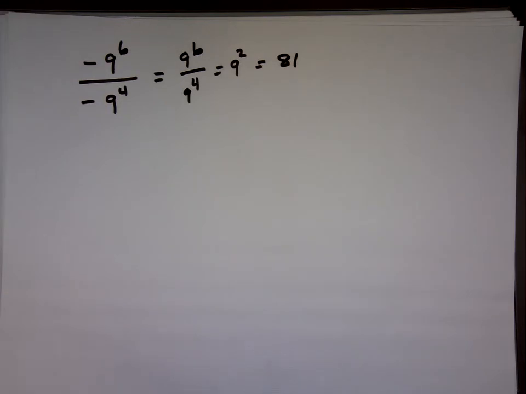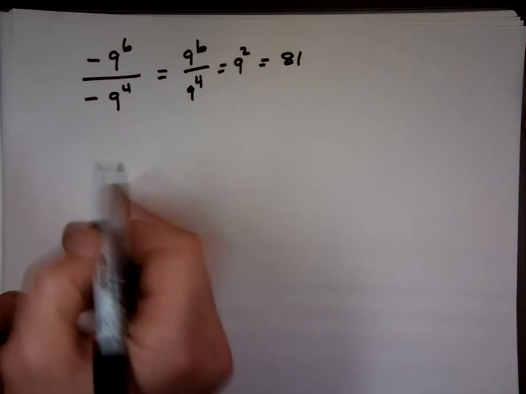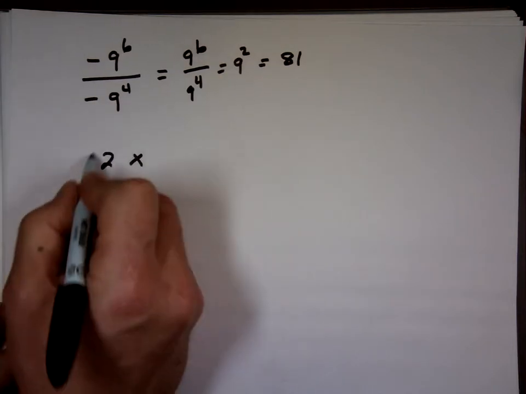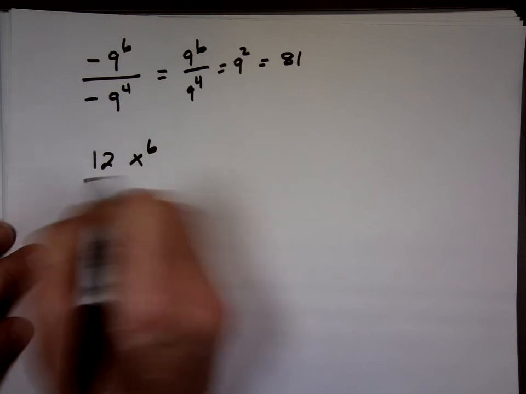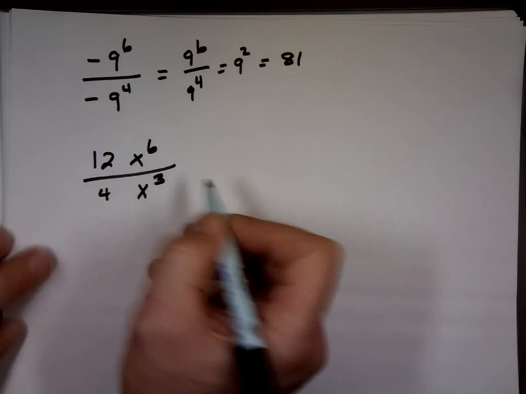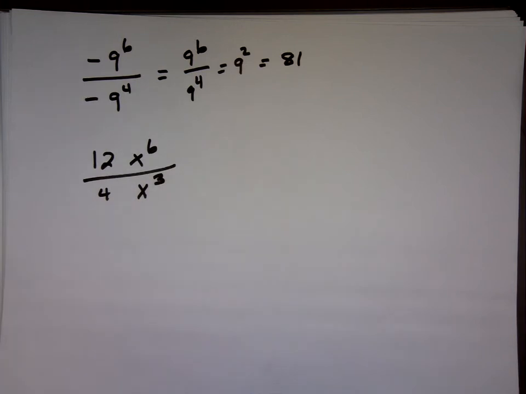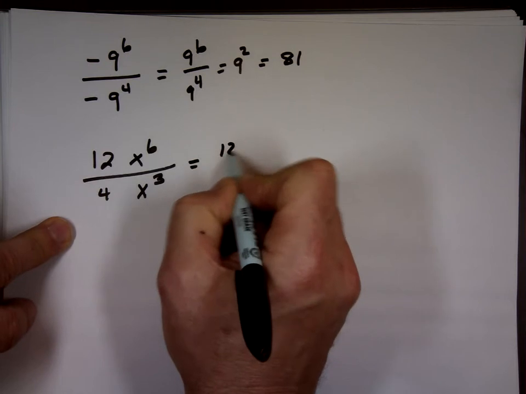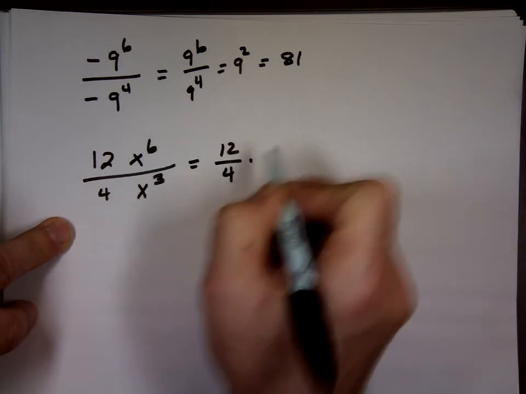So I'll give you something along those lines. If you have, let's make it 12x to the 6 over 4x to the 3rd. It's one fraction, right? There's nothing wrong with rewriting this 12 over 4 times x to the 6 over x to the third.